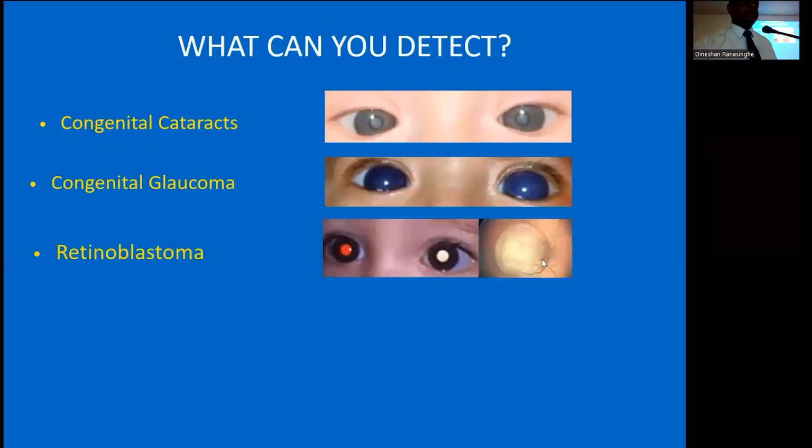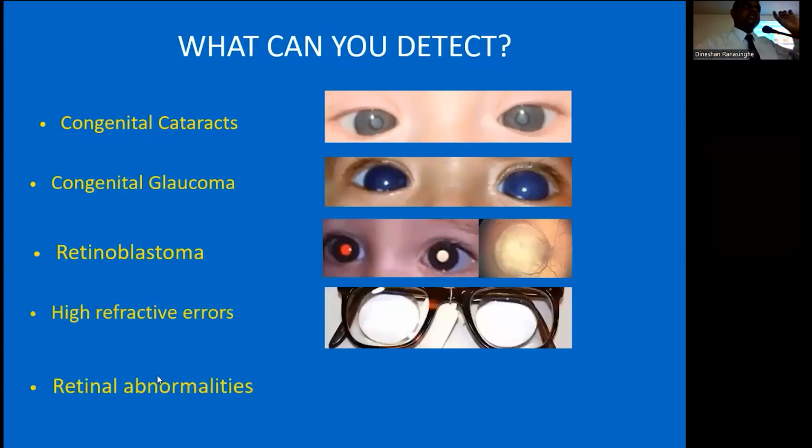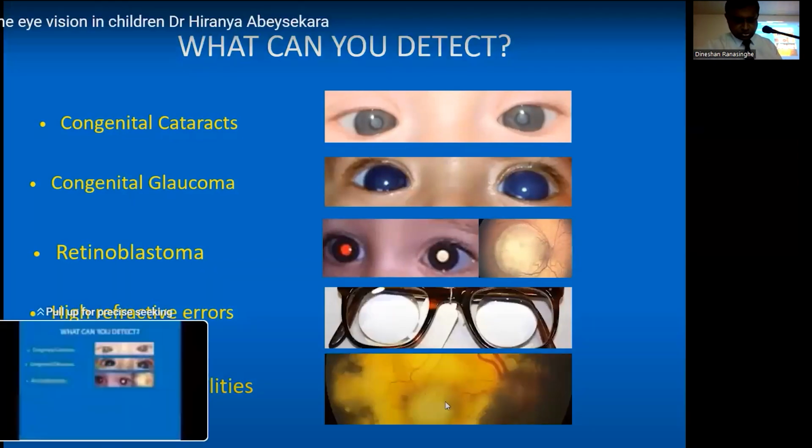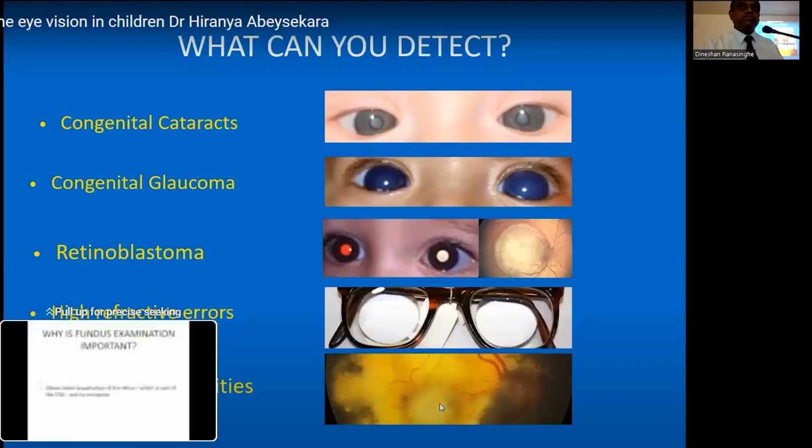In children, it's very, very important, because there is a window period in which we have to do the cataract surgery and clear the visual axis for the child to gain lifelong vision. So it's very important to refer a child with cataract early rather than later.